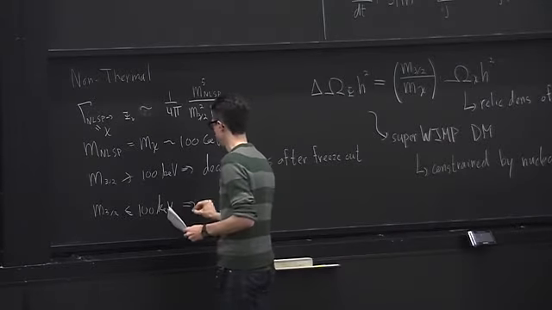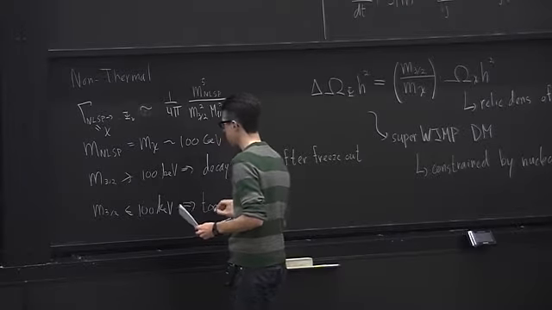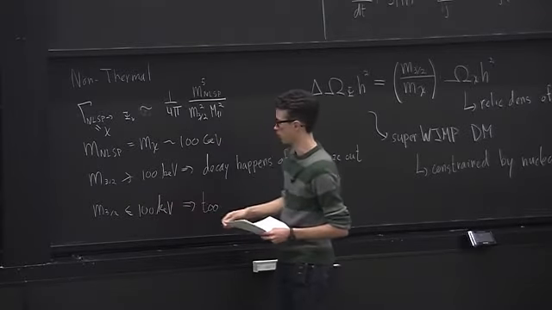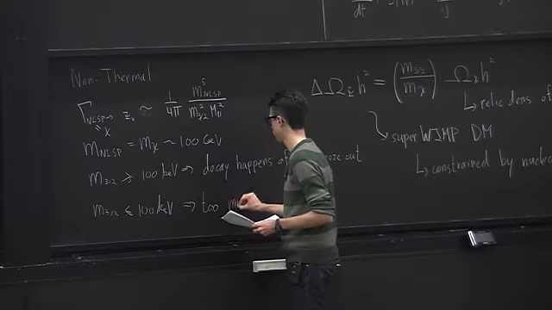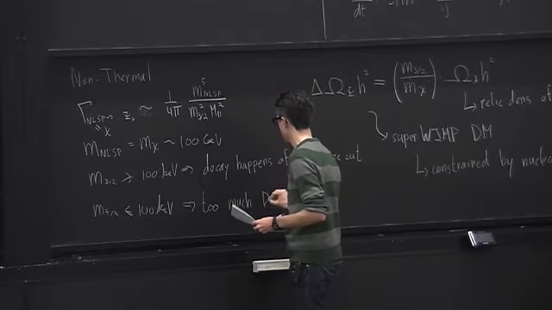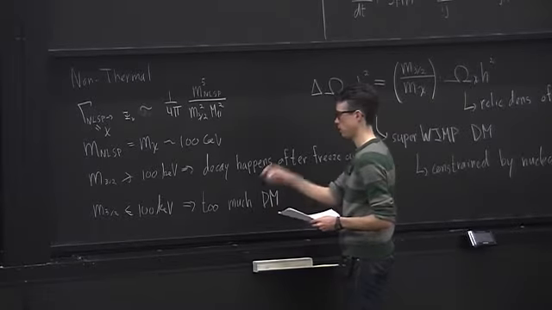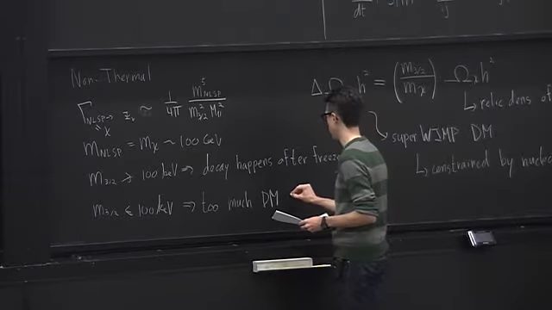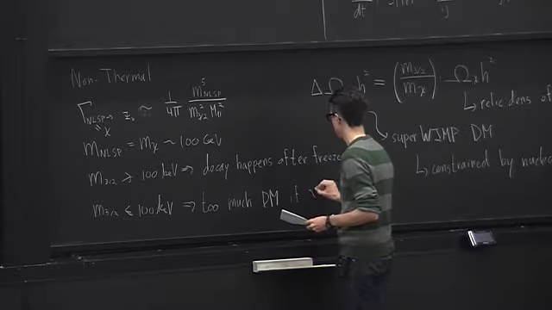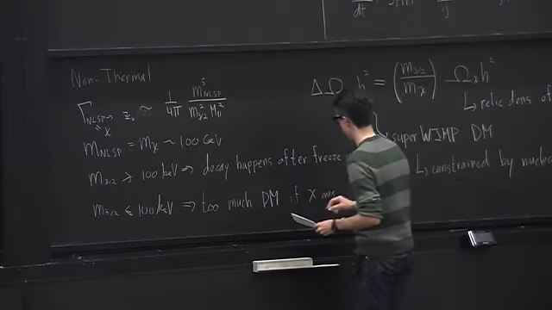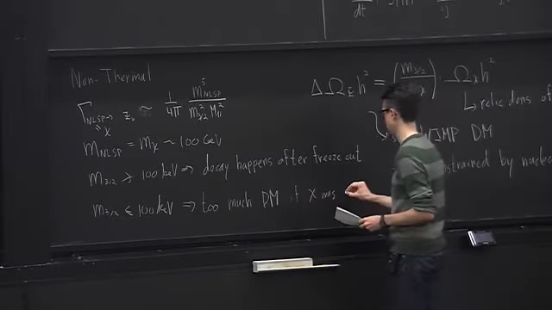Typically, if this decay happens before freeze-out, you get too much gravitino relic density from gravitinos if the standard model superpartners were thermalized.